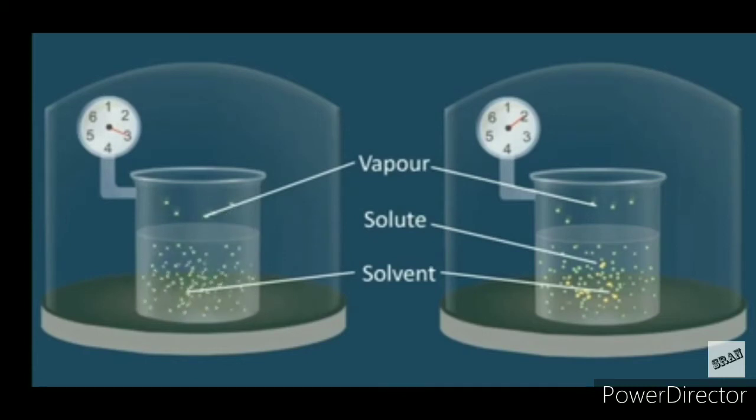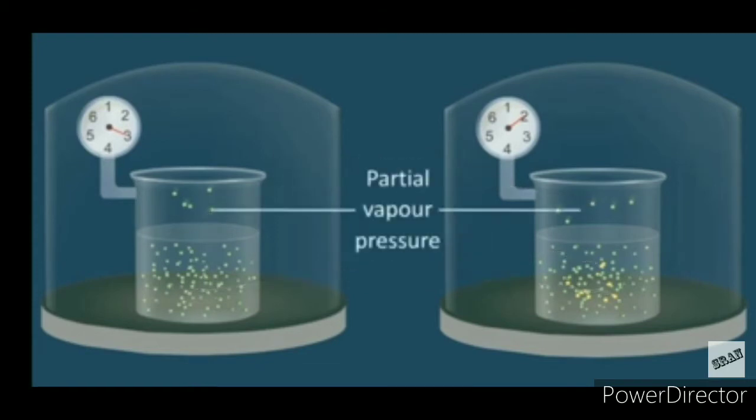As a result, a lesser number of solvent molecules will escape into vapors. Raoult quantitatively studied the relationship between lowering of vapor pressure of solvent on addition of a non-volatile solute and gave Raoult's law, according to which the partial vapor pressure of a volatile component in the solution is directly proportional to its mole fraction.